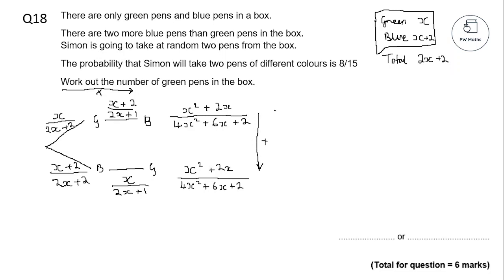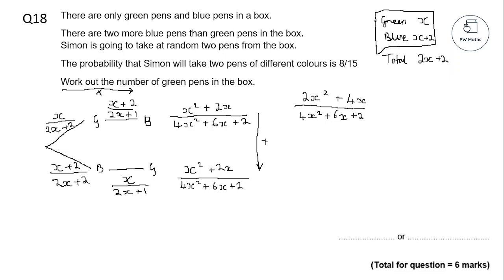When you add fractions together, they've got the same common denominator. They're both out of 4x squared plus 6x plus 2. And we just add the top together. X squared plus x squared, we've got 2x squared plus 2x and 2x gives me 4x.